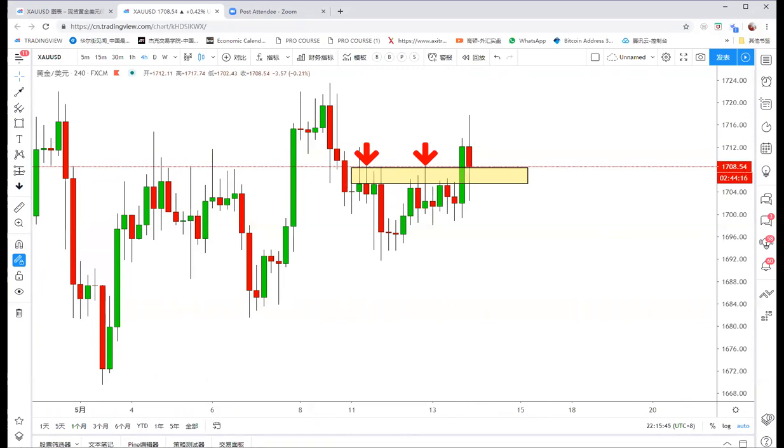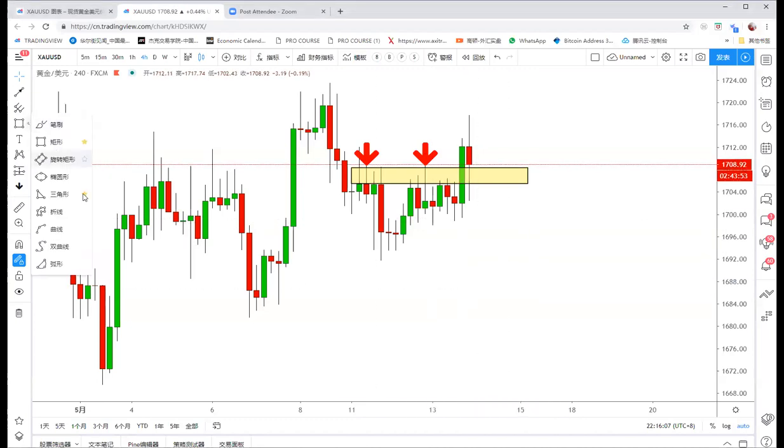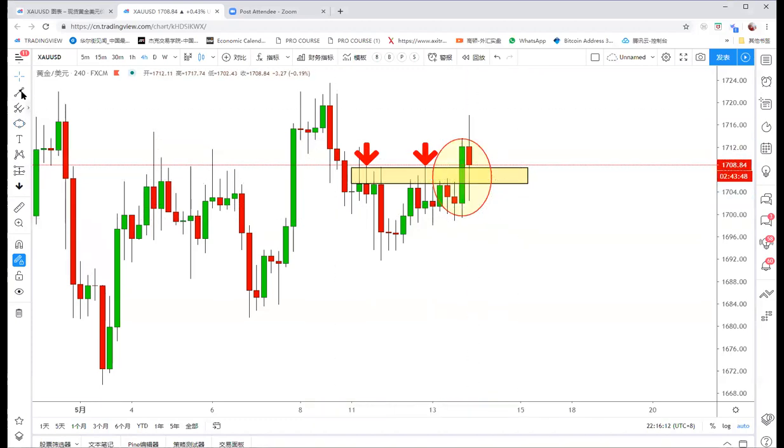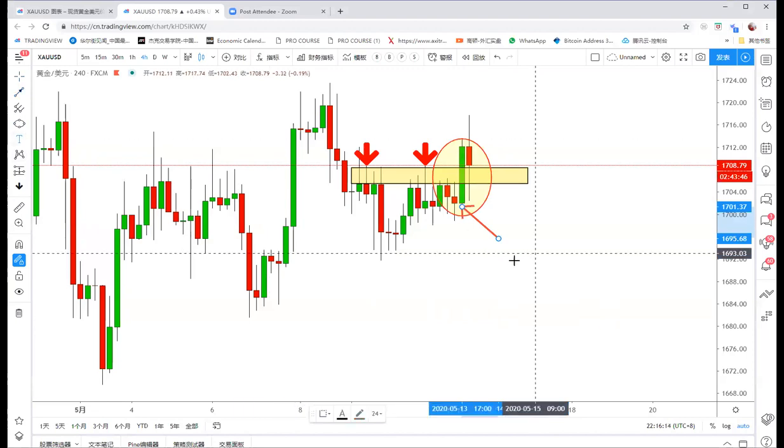So this will be a very, very nice trade, because we observe a very, very nice breakout candle. This is a breakout candle.